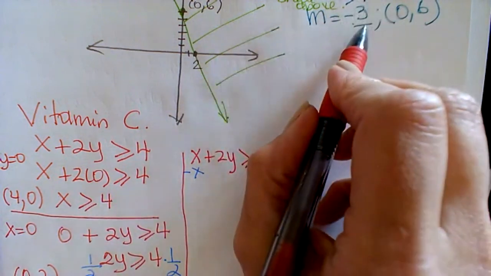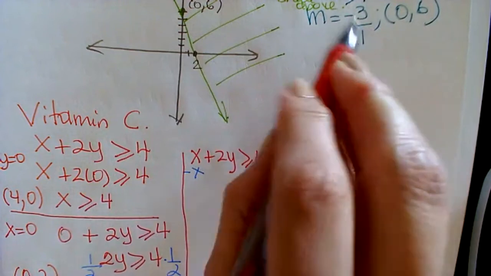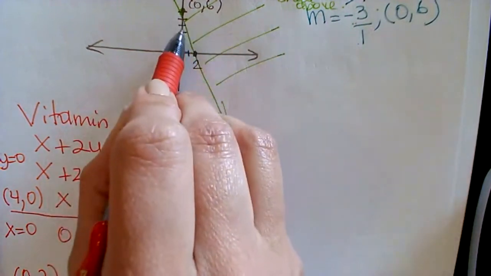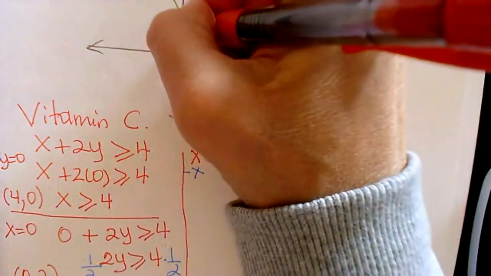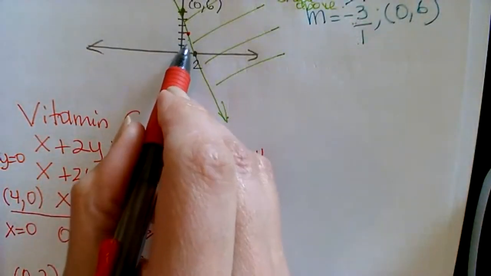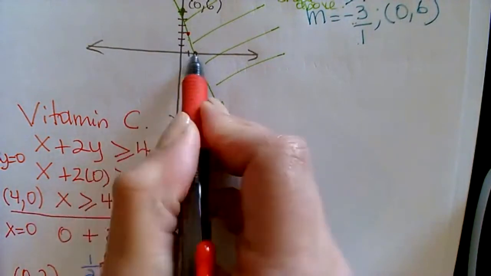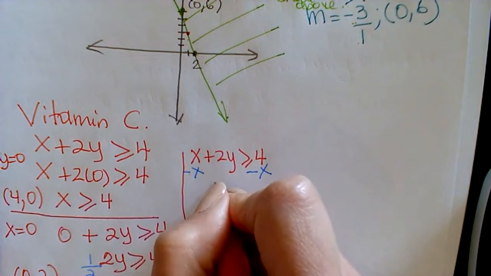Think about it, just by having this point, and it says negative 3 and 1. So you go down 1, 2, 3, and you go 1 to the right. So it will be this point here. Then you go down another 3, 1, 2, 3, and 1 to the right, and you get this point. So it's exactly the same.